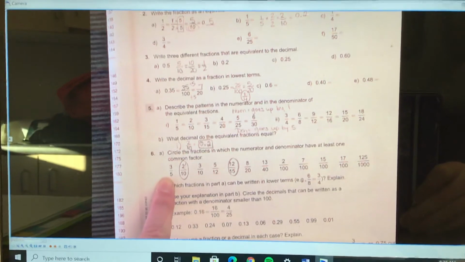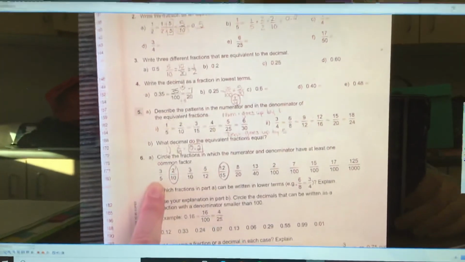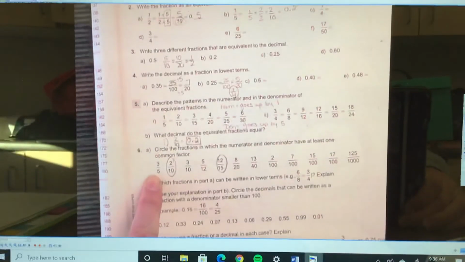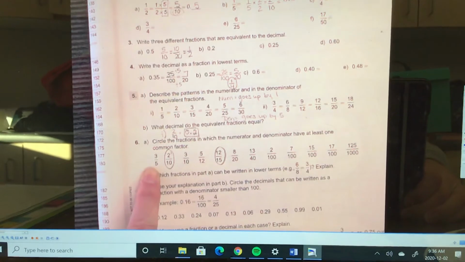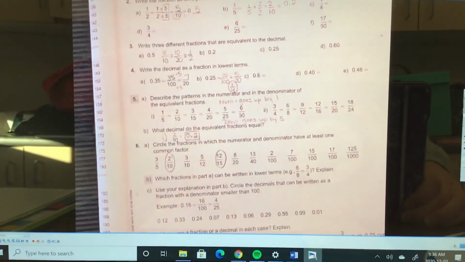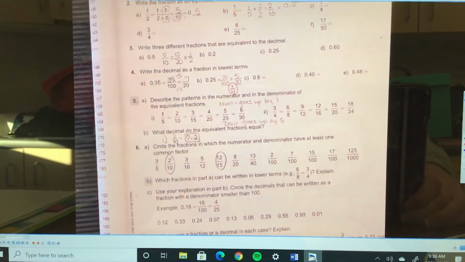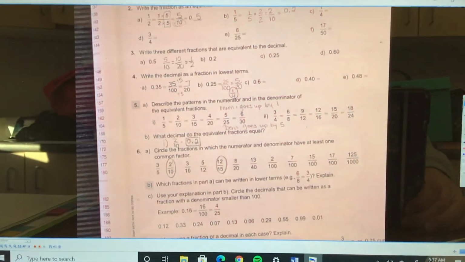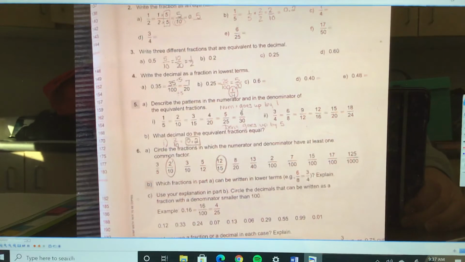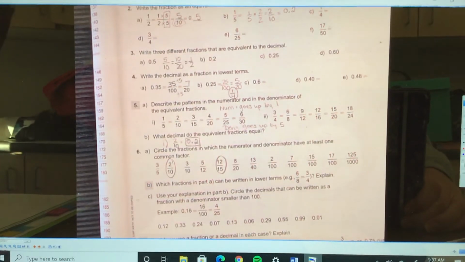No. What connection do they want you to draw? Ethan? The fact that fractions that have common factors can also be written in lower terms. Exactly. Fractions that have common factors can still be written in lower terms. If there's no common factors, they can't. That's your trick for telling whether you can divide it more.